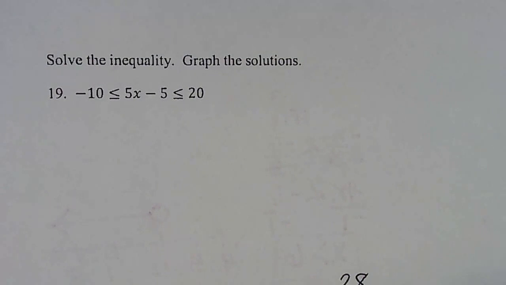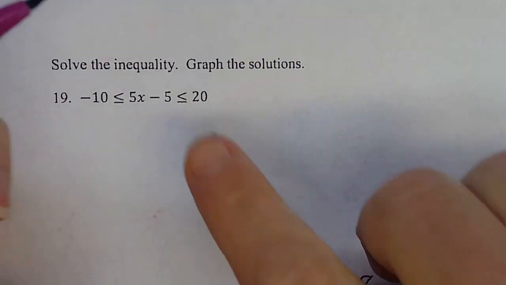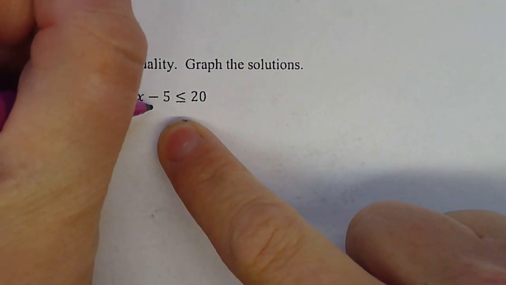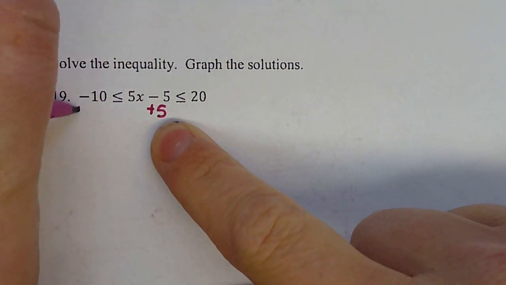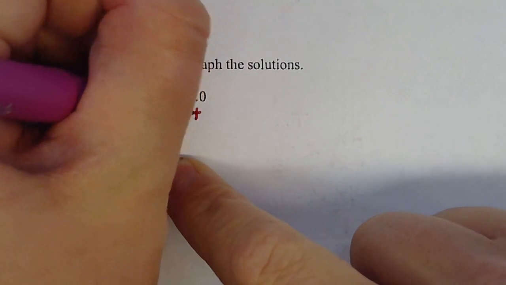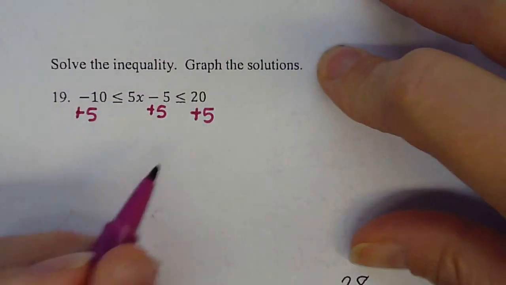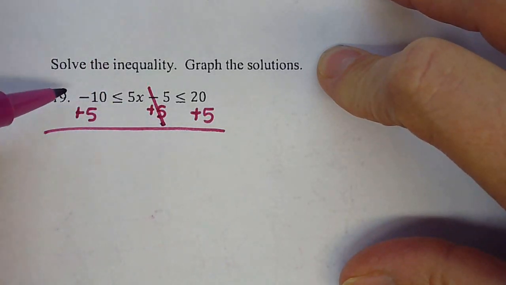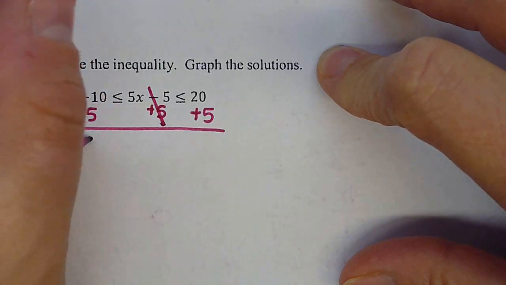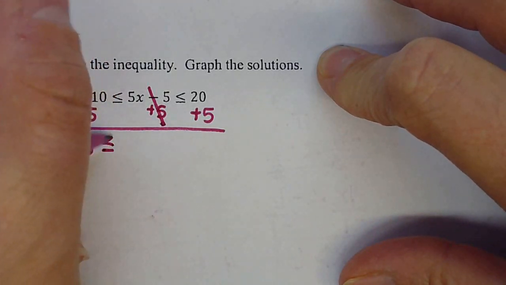All right, 19. Now we are on to our compound inequalities. 19 is going to be like an and. To solve for x, I would add 5 in the middle. If I add 5 in the middle, I have to add 5 on the left and add 5 on the right. So it cancels from the middle. Negative 10 plus 5 is negative 5, less than or equal to.